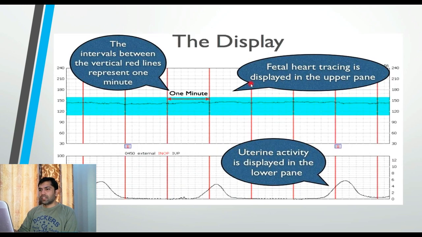The next slide is the display and the output graph. Here the fetal heart rate tracing is displayed on the upper plane, and uterine activity is displayed on the lower plane. So there are two different planes, with patient information here. The interval between the vertical red lines represents 1 minute. If this is 1 minute, this is 2, 3, and 4.